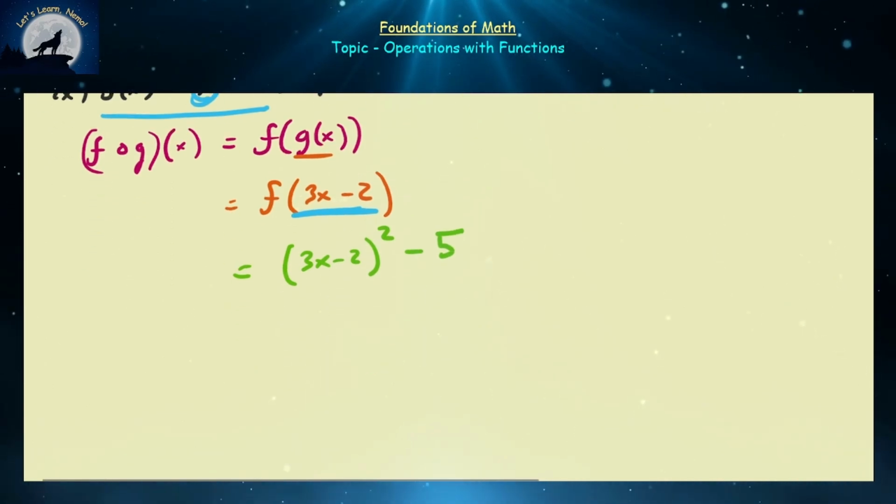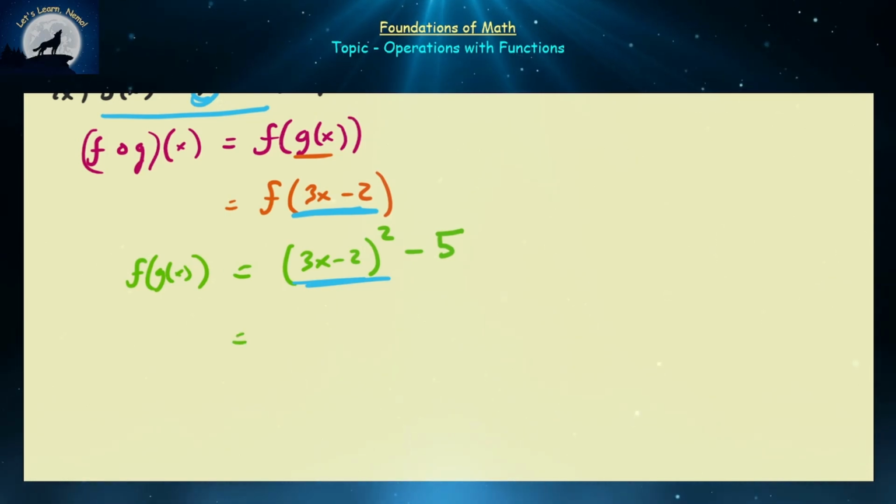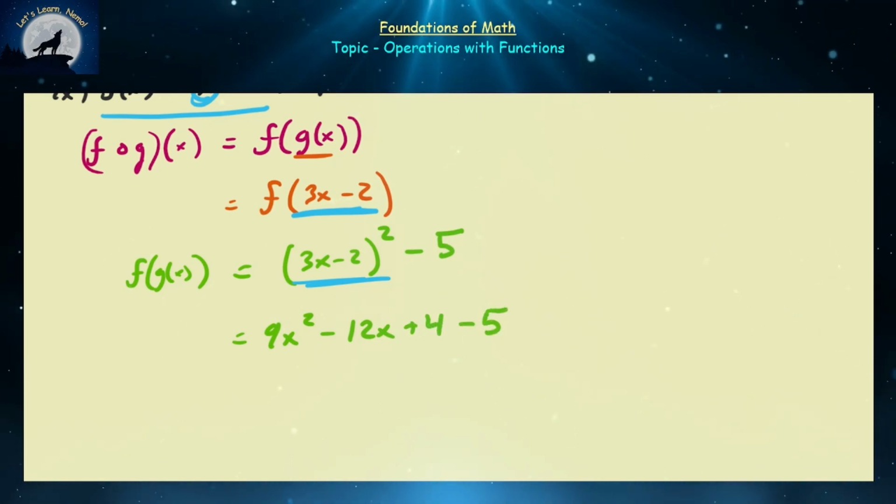Now, of course, this is technically the answer, but you can simplify this if you wish. First thing, expand that term correctly. That's going to be equal to 9x squared minus, 3x times 2, both negative, adds to negative 12x, and then minus 2 times minus 2 would be equal to positive 4, minus 5. We can combine those constants at the very end.